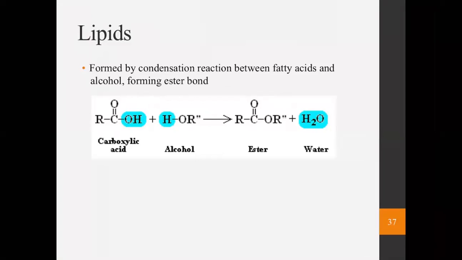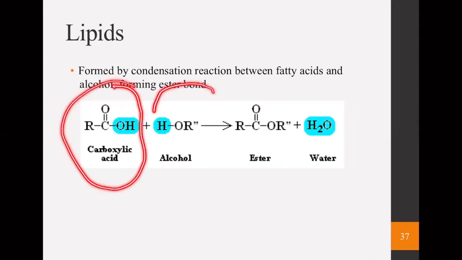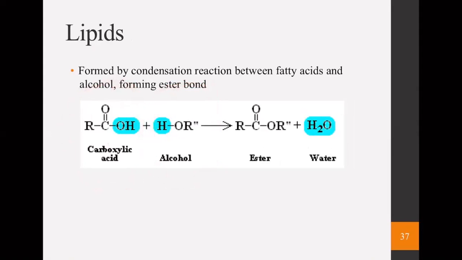Correct. Because they are not made up of repeating similar subunits which are monomers. So then what are lipids made up of? Lipids are made by the condensation reaction between fatty acids and alcohol. Yeah, this is your very simple way to describe a fatty acid, and this is your alcohol. Okay, and when you have a condensation reaction between these, the resultant is an ester.